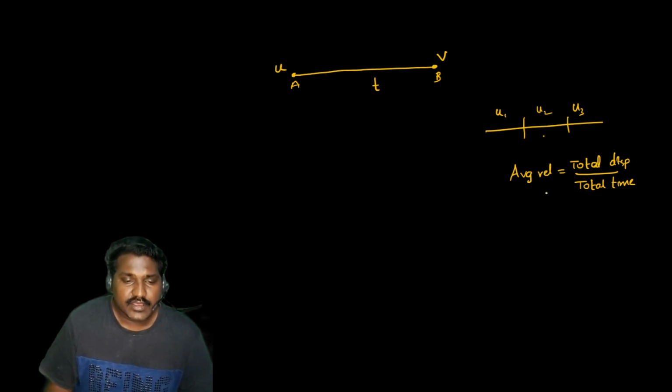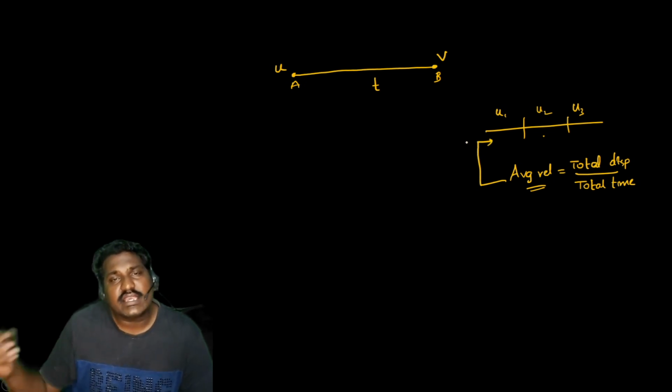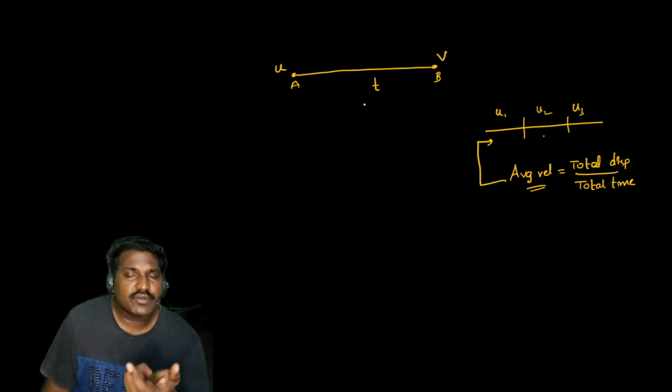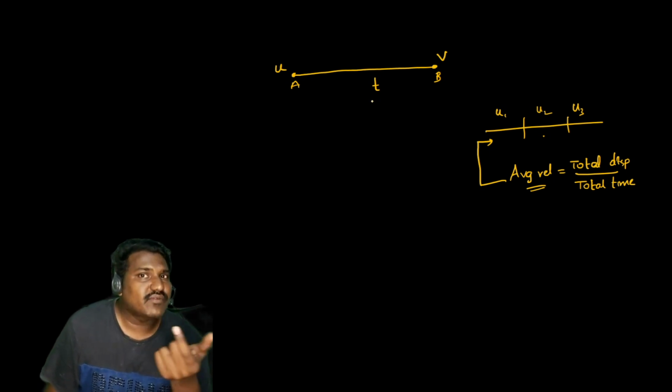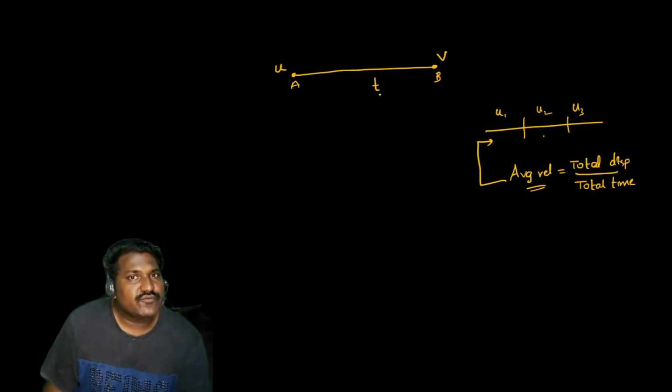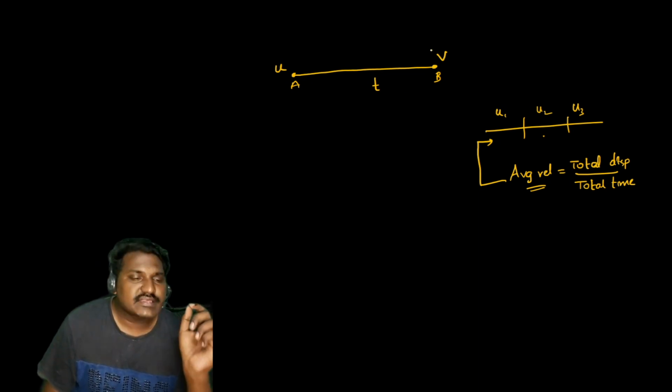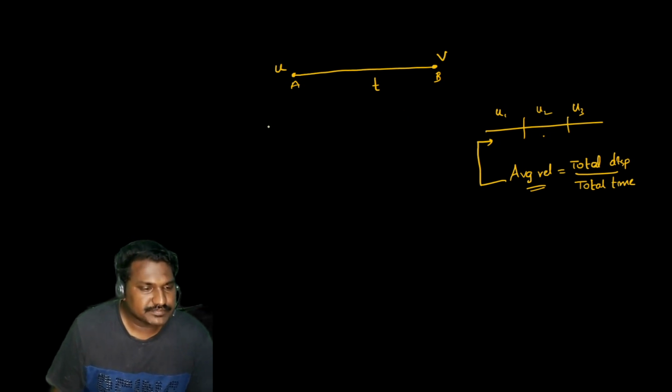But this formula is applicable when a body has different speeds for different journeys. Here we have only one journey from point A to point B, with initial velocity u and final velocity v. Even if you apply this formula, total distance by total time, we get the same result.